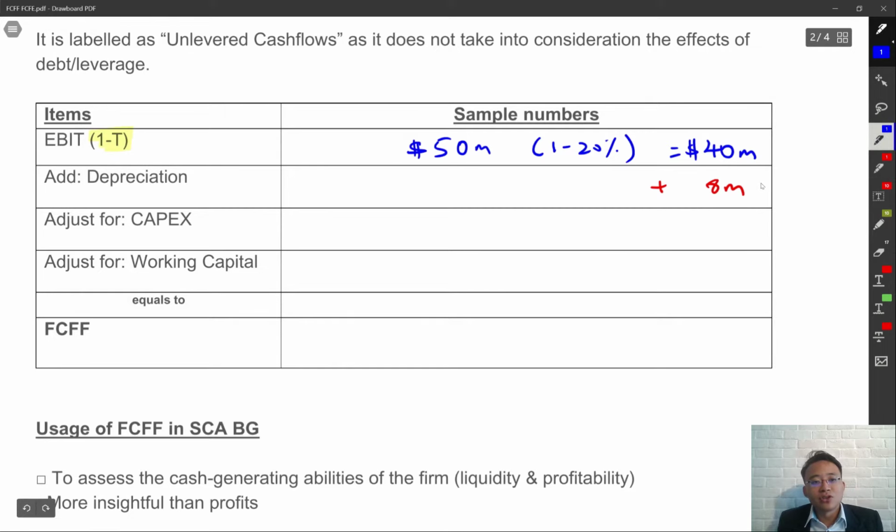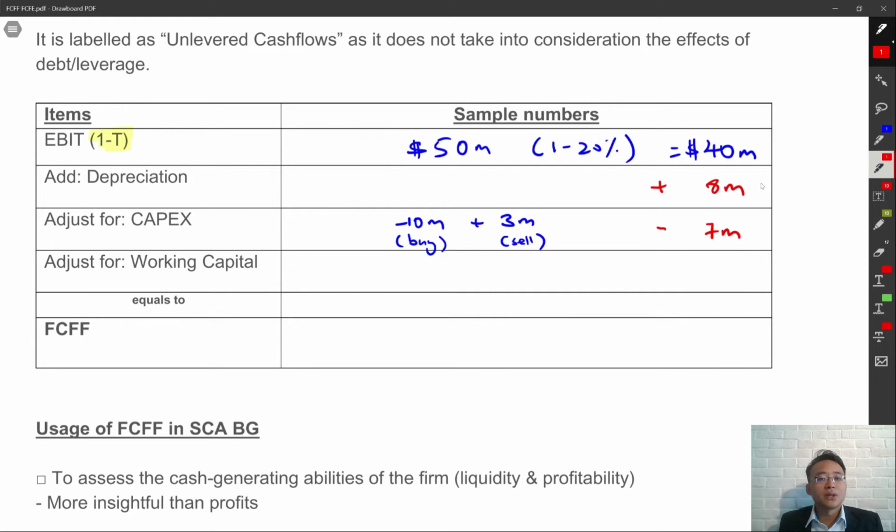Let's imagine that for the year, we spent 10 million in buying, but we also sold off some assets and got 3 million. When you net this off, it would be a negative 7 million. That would be the net cash flow on my capital expenditure.